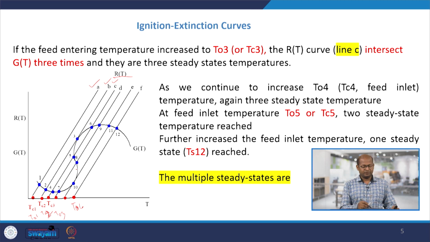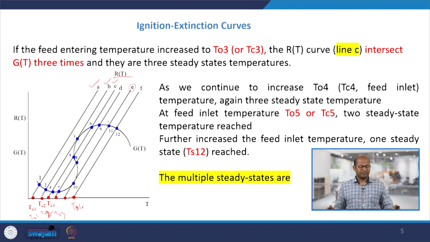When line A was there, the heat removal line crossed the heat generation curve at point 1. Line B crosses at point 2 and point 3. Similarly, line C crosses at points 4, 5 and 6. Line D also crosses at 7, 8 and 9. Line E crosses at point 10 and point 11.